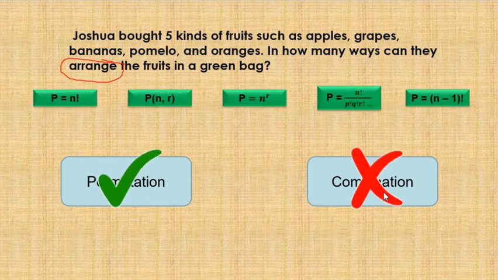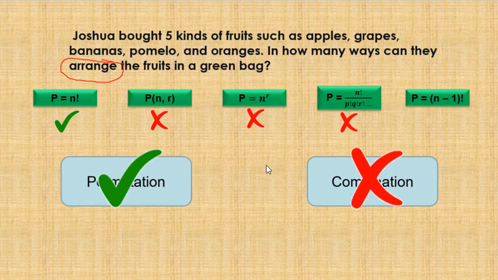So what kind of formula under permutation are we to use? Is it this one? No. How about this one? Not either. Not also this one. So this is the correct formula to use because there's only a single data involved in our problem. P is equal to n factorial, n representing the number of elements.